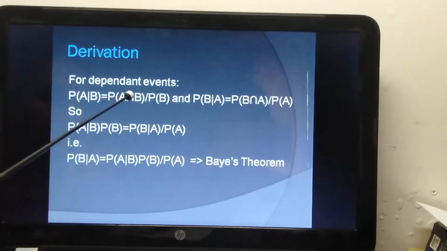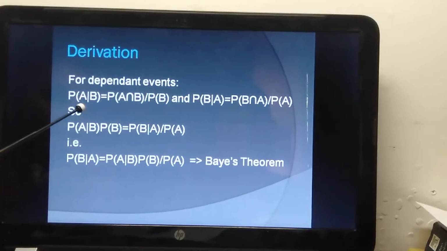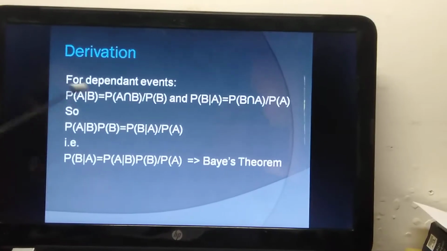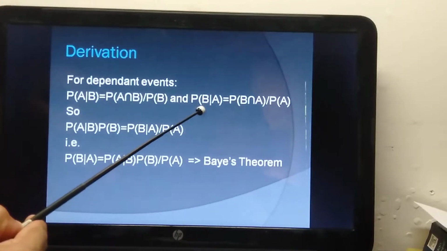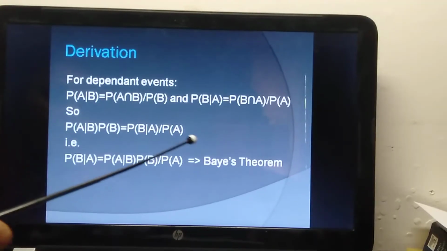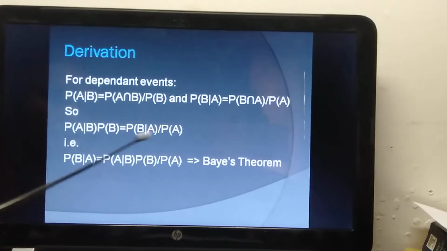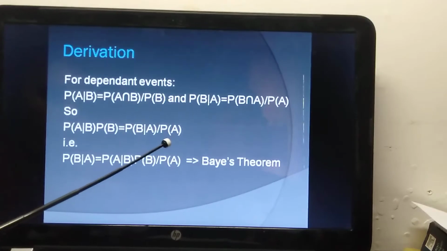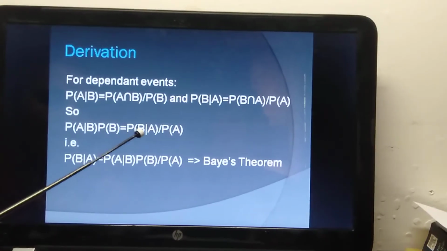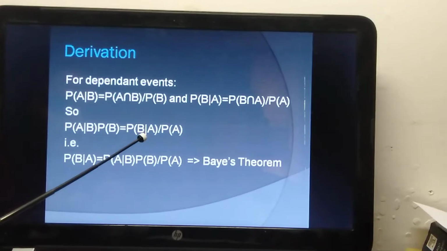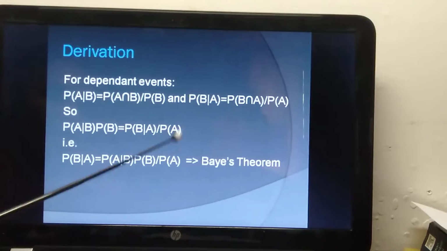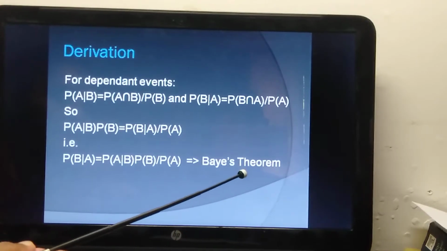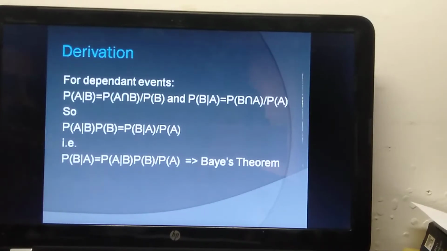So if this is the same, then probability of A intersection B into PB is equal to probability of B intersection A into PA. So that is given over here. This is not divide, this is into P given A. If this is the case, then probability of B given A is equal to this divided by P of A, and this is the Bayes theorem. This is how the derivation is done.